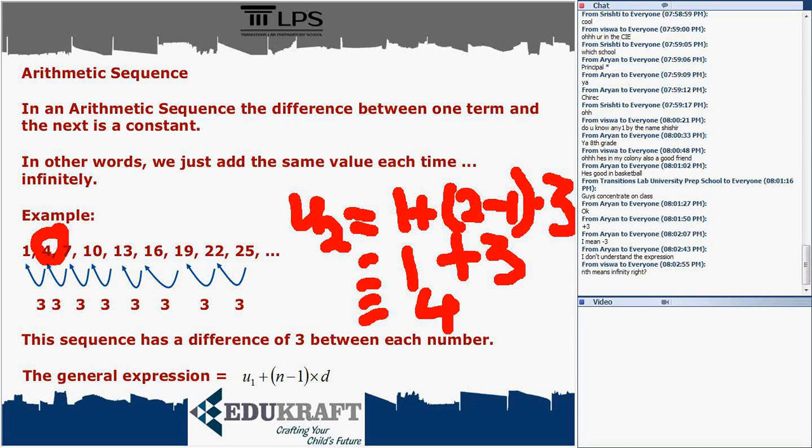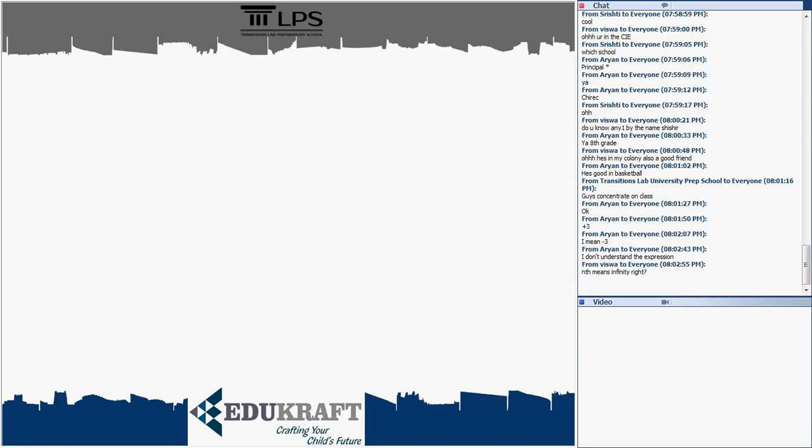Let's see some examples so that will make things more clear. The sequence is the same sequence as I had taken earlier. In all these cases we are finding out the general expression.